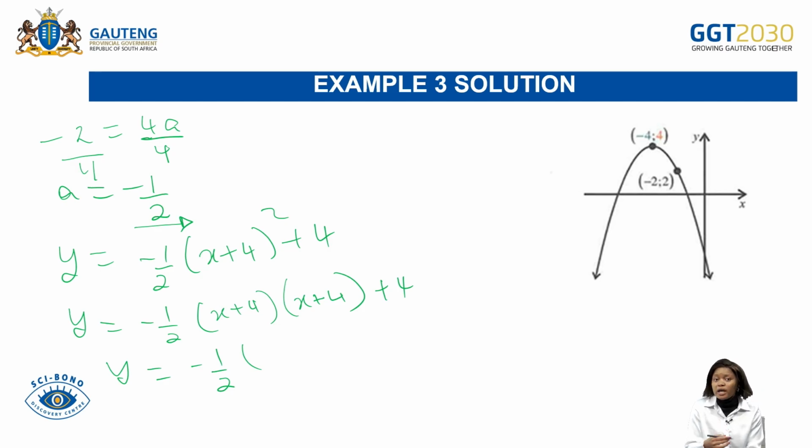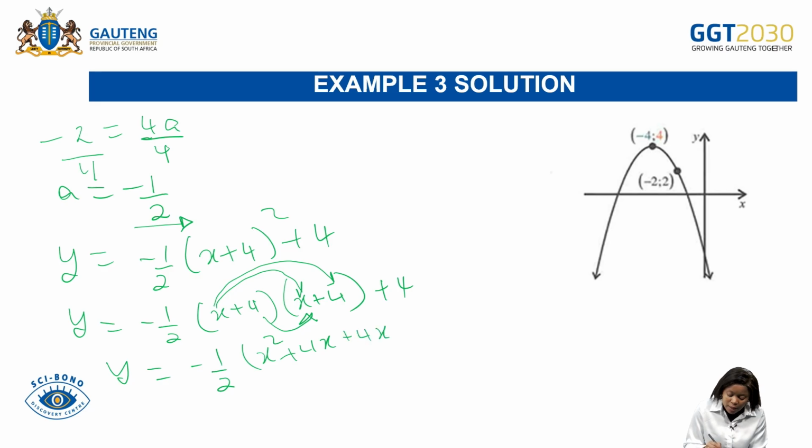And if you add 4x and 4x, you get 8x, right? And then the last one, 4 times 4, you will get 16. You still have plus 4.